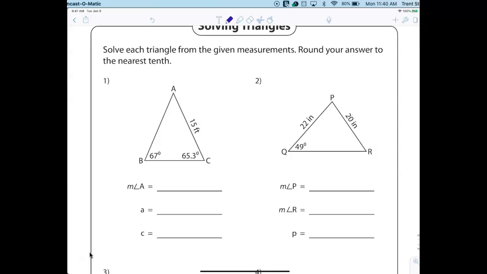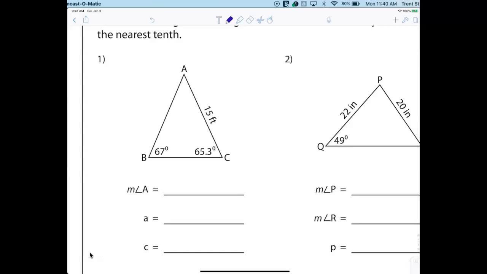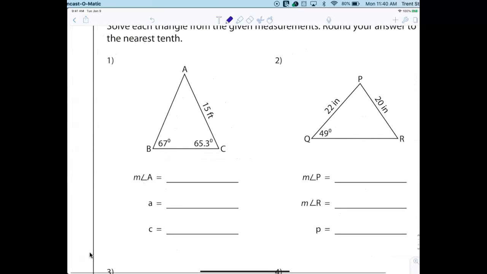Let's go ahead and do number 1 now on the next one. We got a lot to do tonight. All right, here we go. Now, we're solving this triangle, correct? So what does that mean I need to do? Find everything that's missing. Right now, we're going to find angle A. Somebody tell me what angle A is. 47.7.